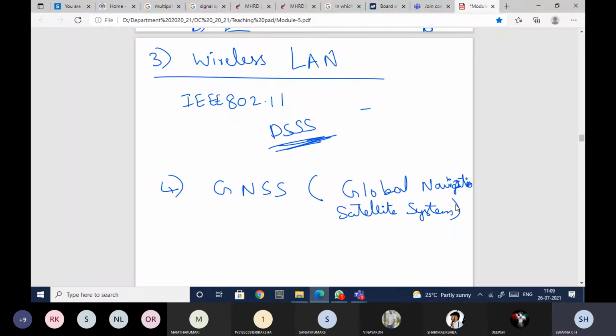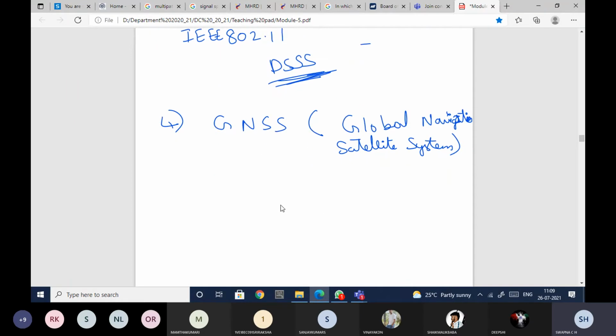Here, since this is satellite communication, DSSS is used as it gives a signal gain by spreading the signal out over a wide bandwidth.